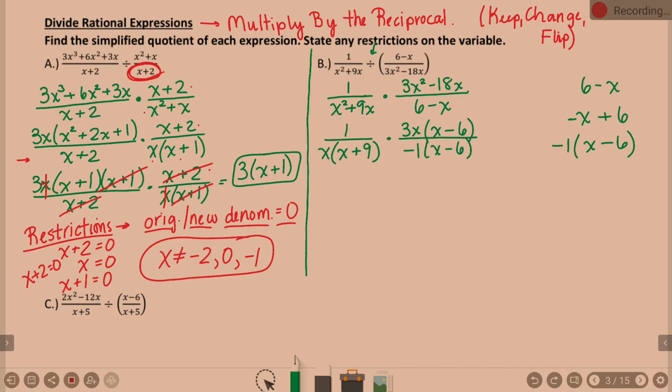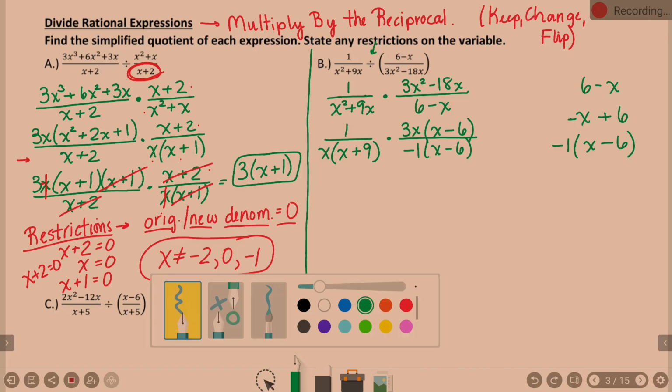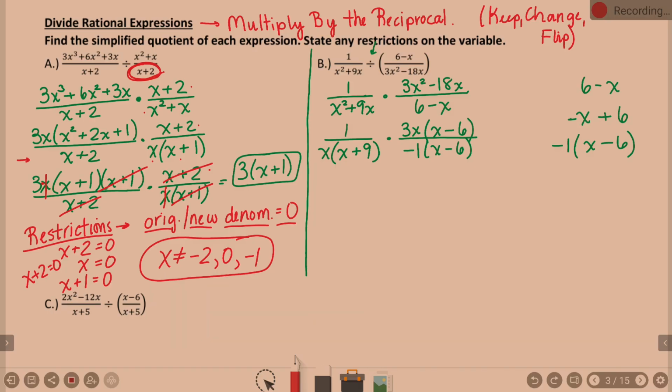Now, I wrote mine as -1 times x minus 6. If you just wrote it as negative times x minus 6, that's fine as well. You don't have to have the -1, actually. It could just be a negative sign. Okay. What cancels? x minus 6. Okay. An x minus 6 on bottom cancels with an x minus 6 on top.